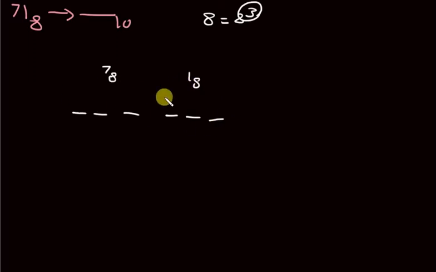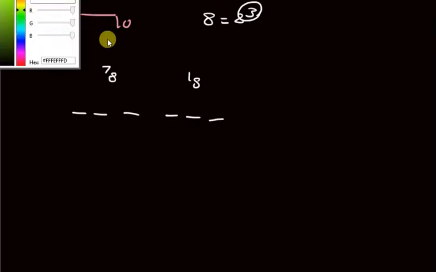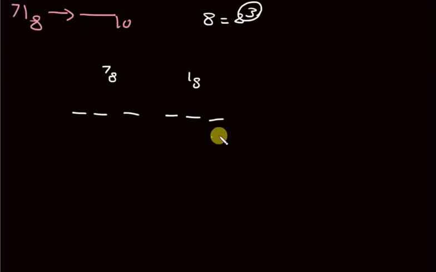Okay, so let's just put the numbers. I'm going to change the color again, use green probably, and then here I will put 1, this is the place of 1, this is 2, this is 4, and then 1, 2, 4.